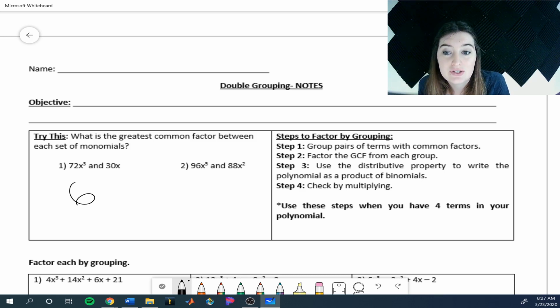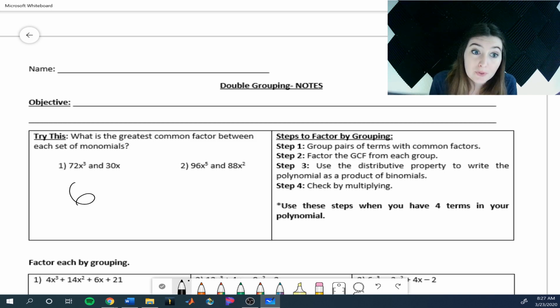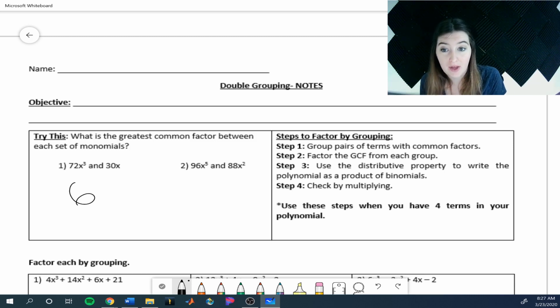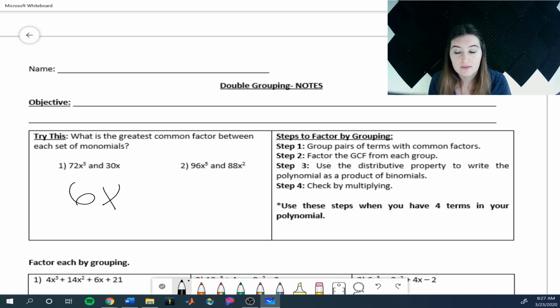I have x cubed and x. What factor do they both have? They both have 1x, so that's going to be x. 6x is my greatest common factor for 72x cubed and 30x.